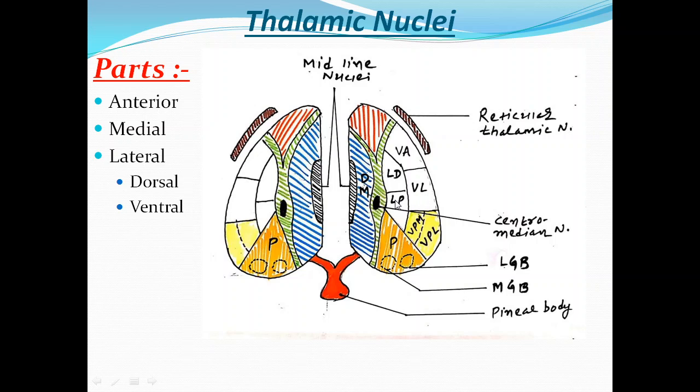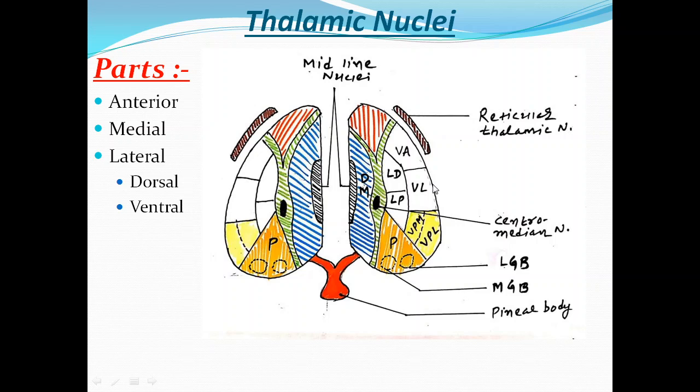There are two divisions, dorsal and ventral. In the dorsal part, three nuclei are there: lateral dorsal, lateral posterior and pulvinar. In the ventral part, from cranial to caudal: ventral anterior, ventral lateral, then ventral posterior. Ventral posterior has two divisions: ventral posterolateral and ventral posteromedial. So these are the main thalamic nuclei.